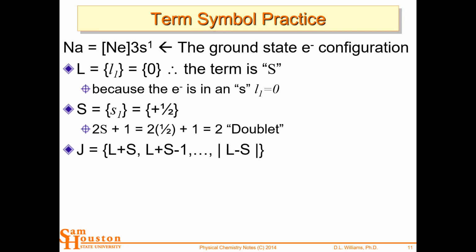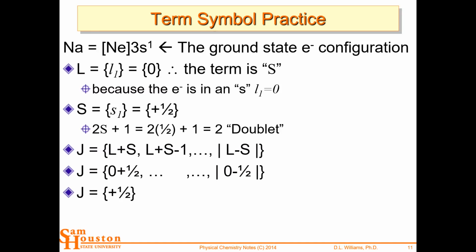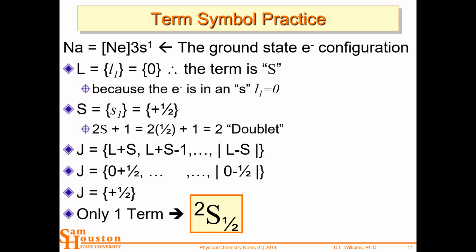And now we do the coupling. So we have L plus S. L is 0 and S is 1/2. That's the maximum value. And then the minimum value is L minus S. So L being 0 minus 1/2 is S, but it's the absolute value in this case. And so in both cases, we end up with a 1/2. And so J is a 1/2. So this is our term for ground state sodium, doublet S 1/2.